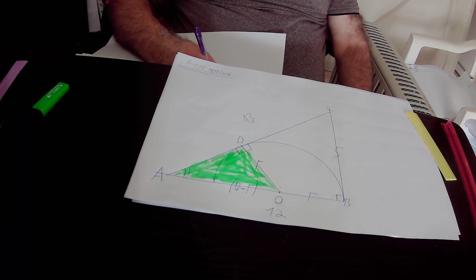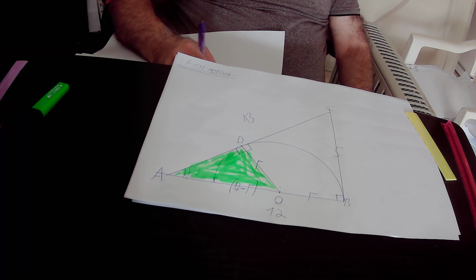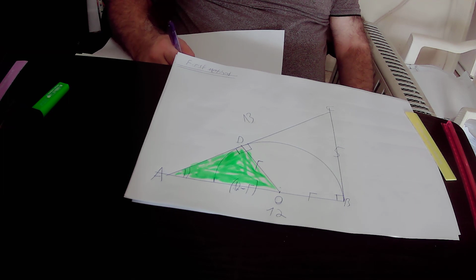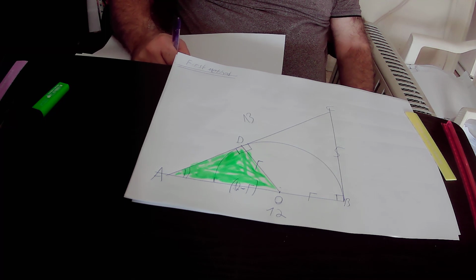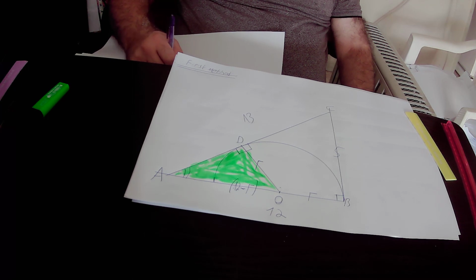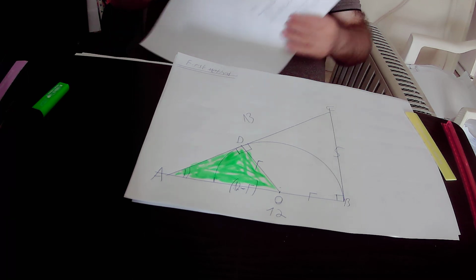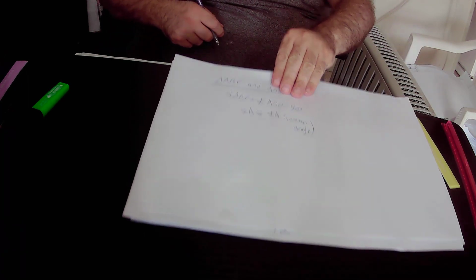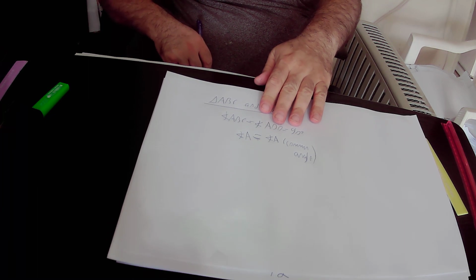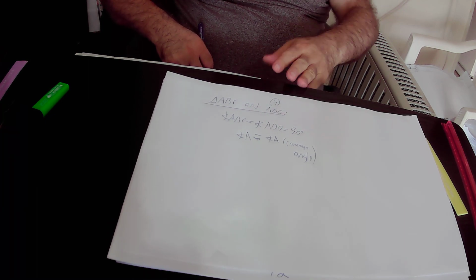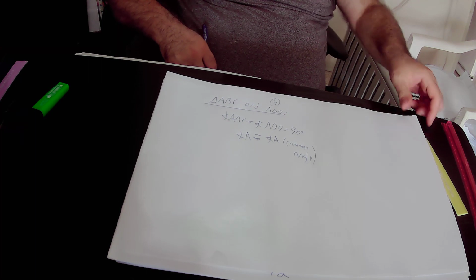Angle A equals angle A. It's a common angle that belongs to both triangles.